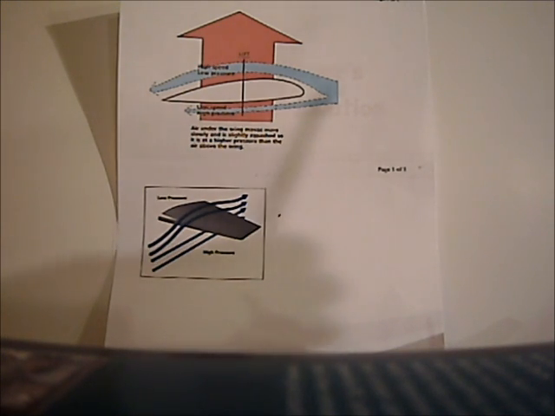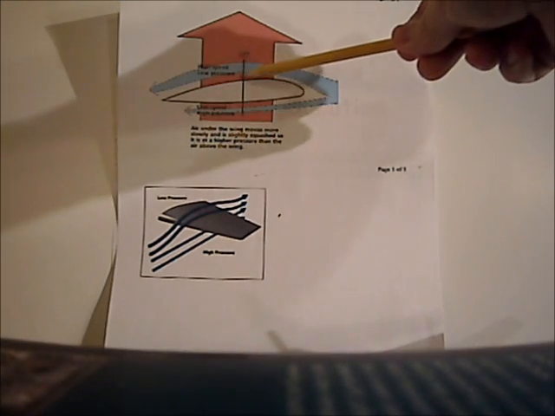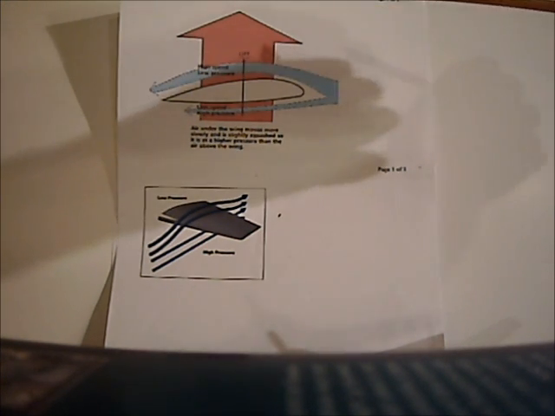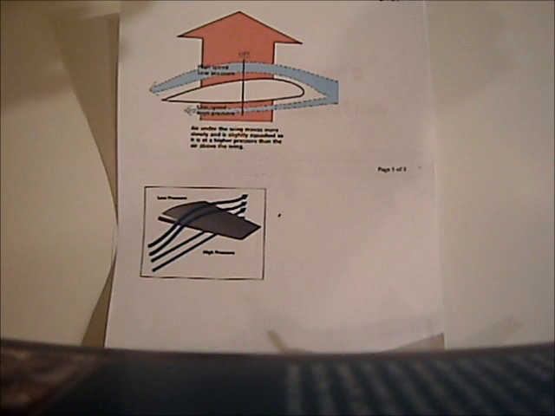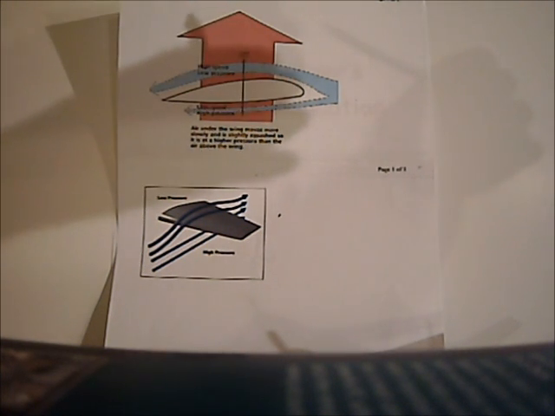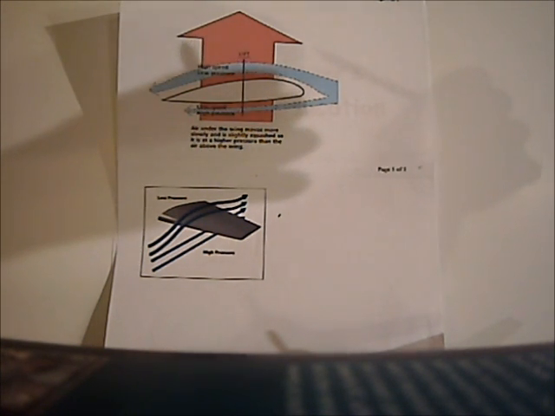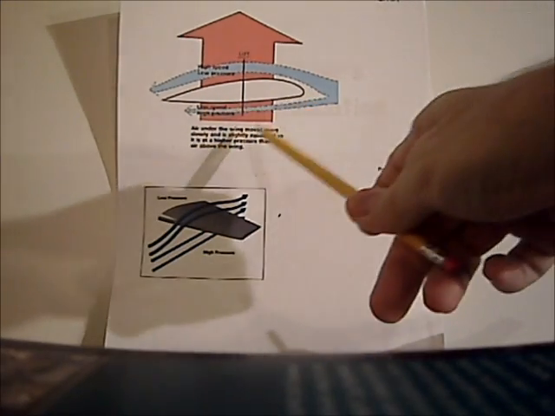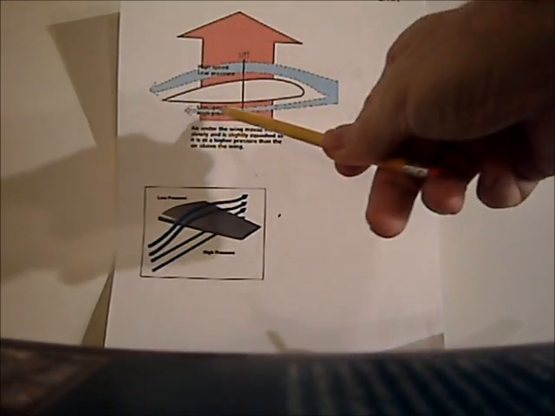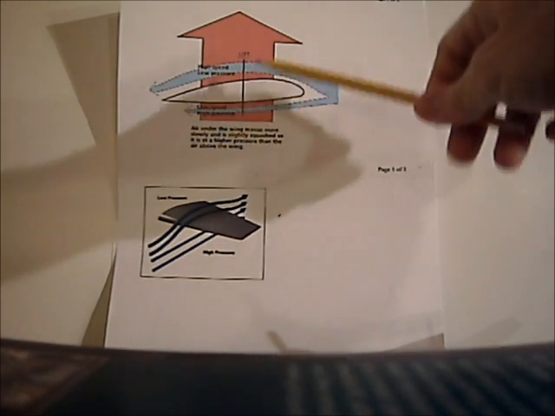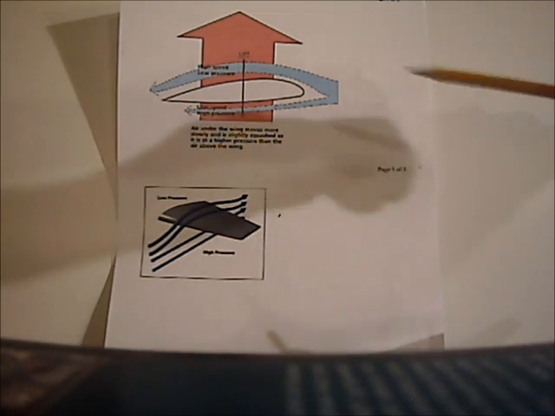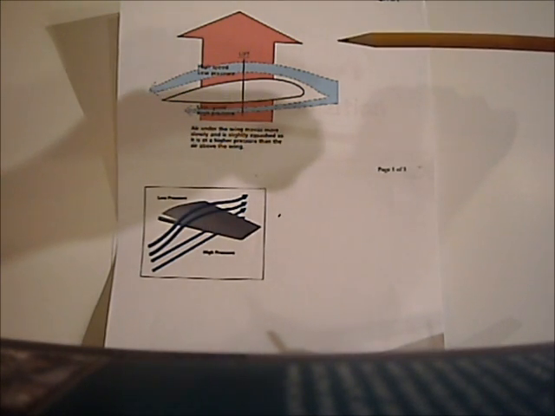This creates low pressure, or a lifting effect, on the top of the wing, and high pressure, or a pushing effect, over the bottom of the wing. Push, pull. Low pressure, high pressure. So, like pushing on a board, the wing goes up into the air.